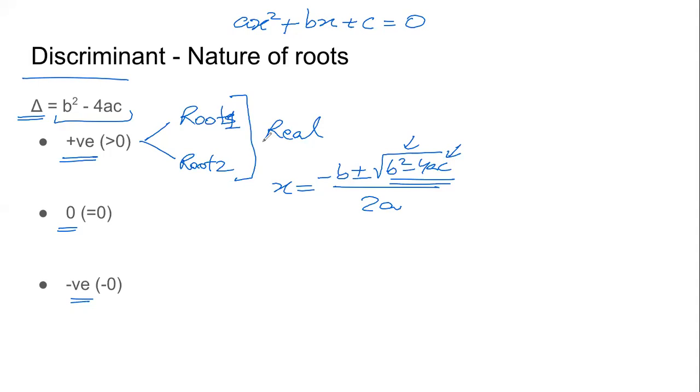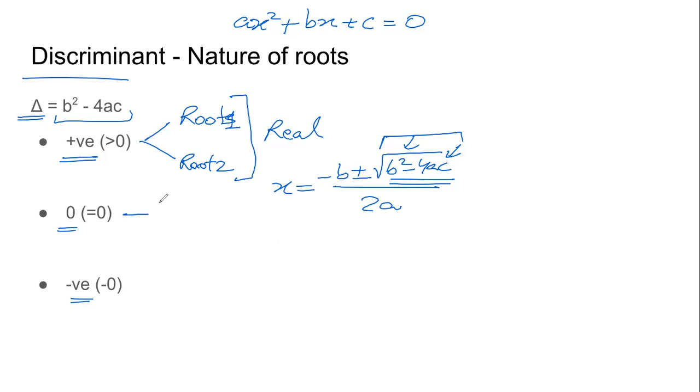If, on the other hand, the value of the discriminant is 0, we know square root of 0 is 0. So this entire value is 0. That means now the entire fraction will have only one value. Or we just said that it has two values, but they are same.